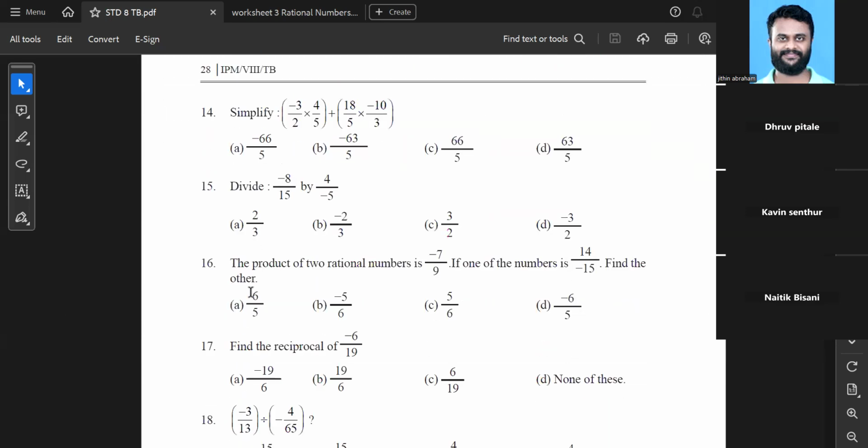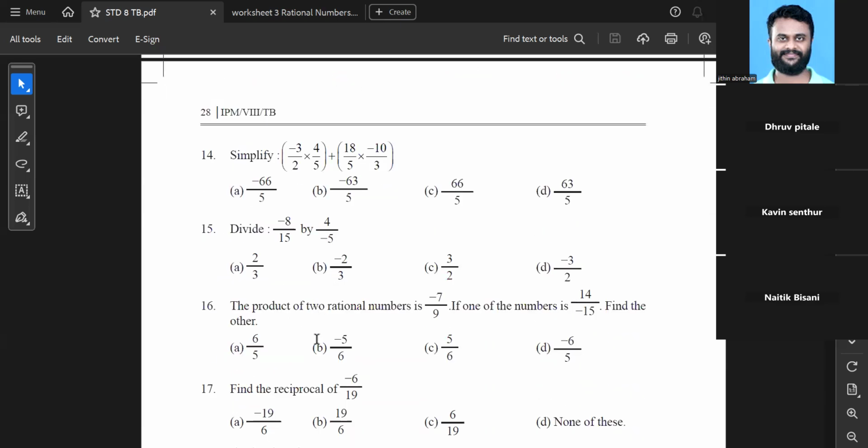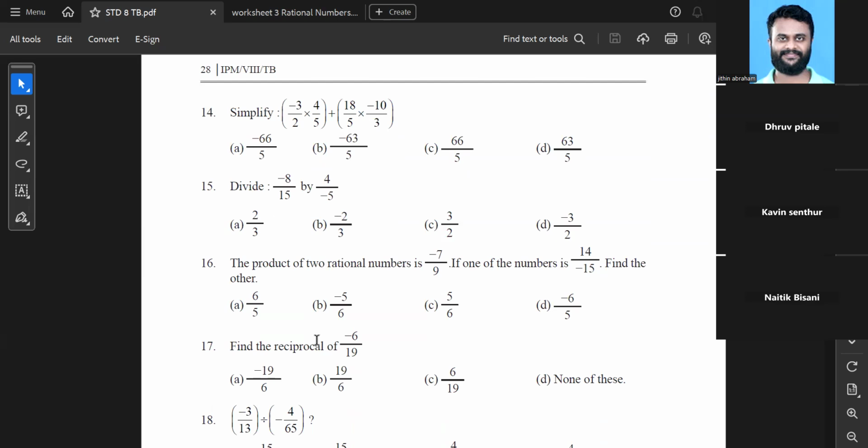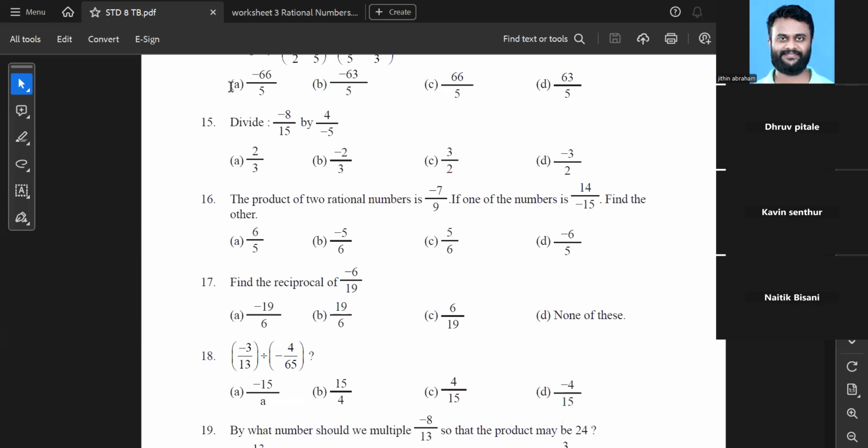Sir, can you just solve question 15 once? Sure, why not? So question number 15, my dear children. Let's divide -8 by 15 by 4 by 5. So instead of by, I'll write the division symbol.